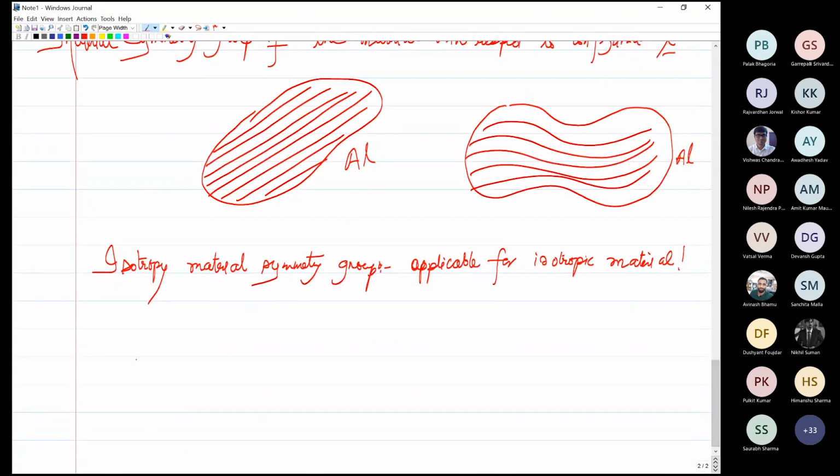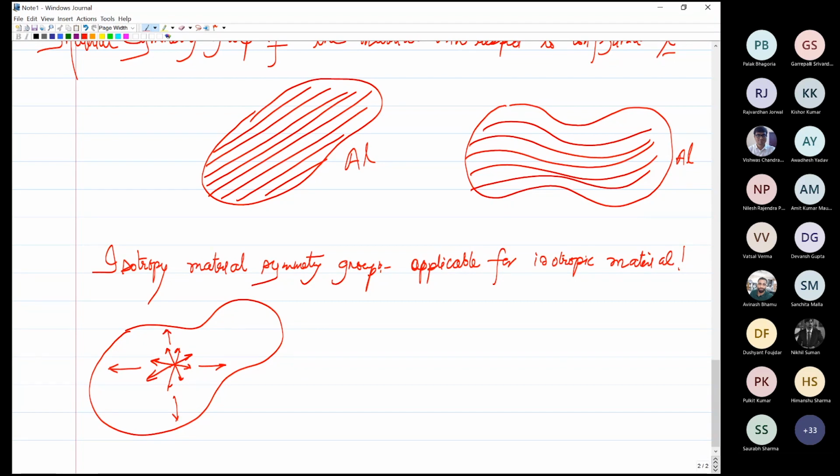So see, for isotropic material, let us say this is the isotropic body. We say that it has the same property in all directions. So even if you rotate the body and then apply the same deformation, then you should get back the same response, right? Or stated differently, you apply stretching in this direction or in this direction, the response is the same, because it's an isotropic material.